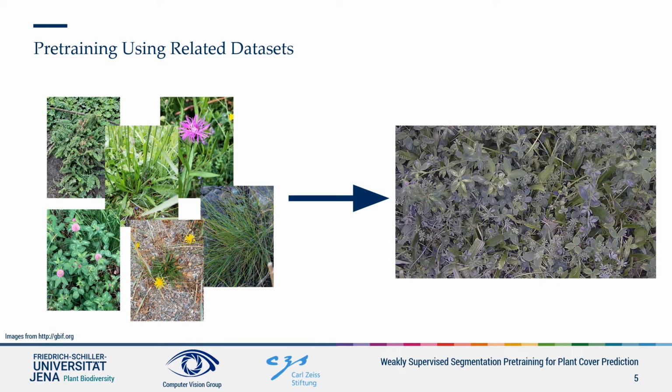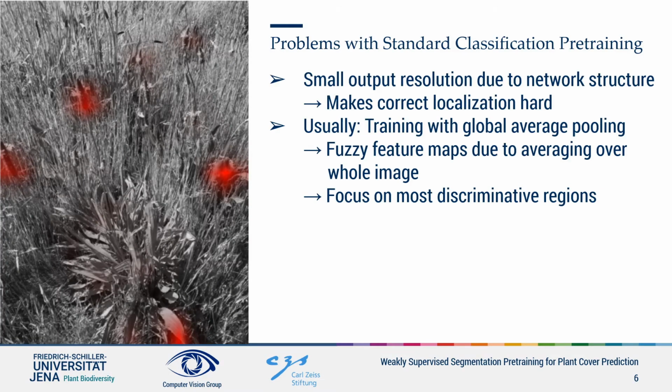However, training the network or pre-training the network using only classification data has multiple caveats, as we found. For example, standard classification networks, like for example a ResNet50, usually have a very small output resolution due to their network structure. And this makes a correct localization of especially the very small plants extremely hard.